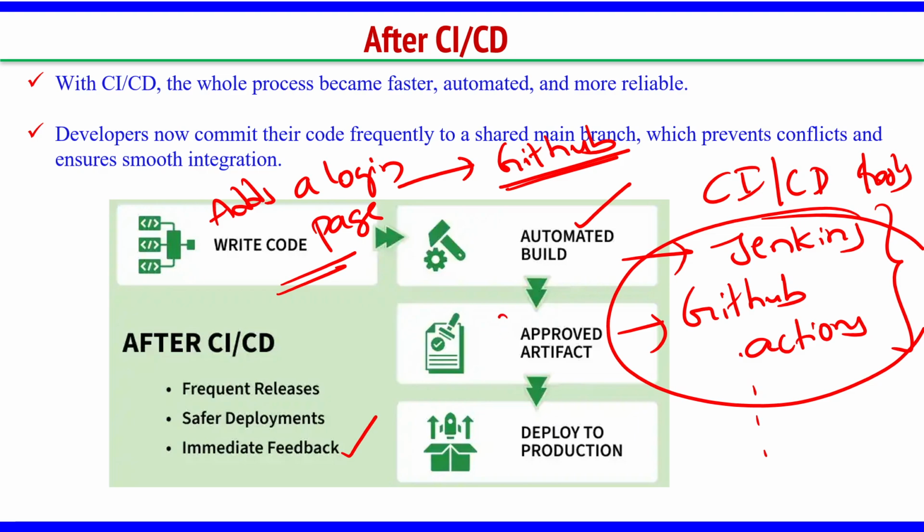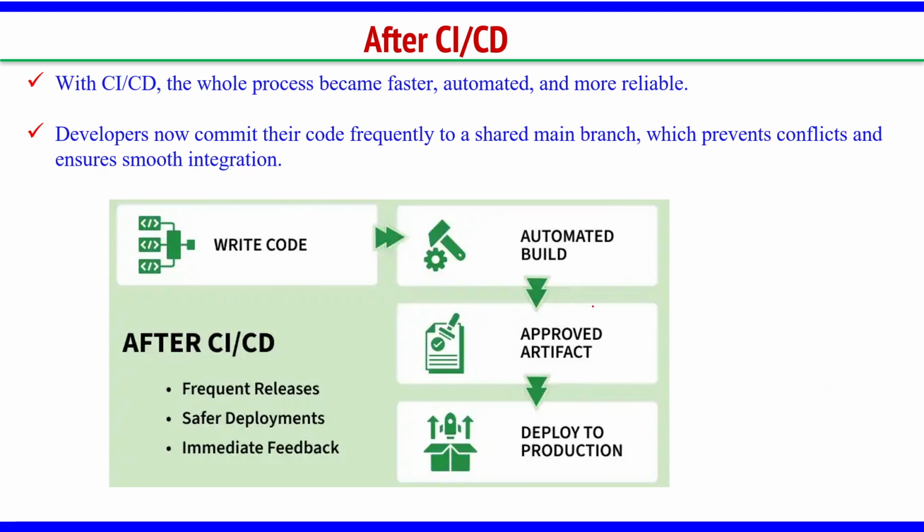Then the approved artifact, meaning a ready-to-use package, is created. For example, in Java we have .jar files. Let's say my program name is 1, so a 1.jar file will be created. This login page which I have created is based on Java, let's say.